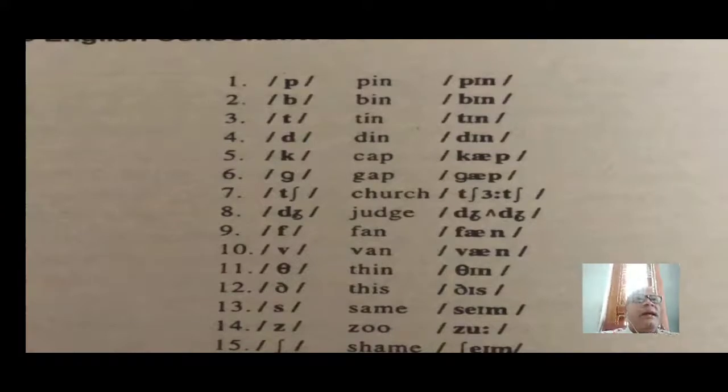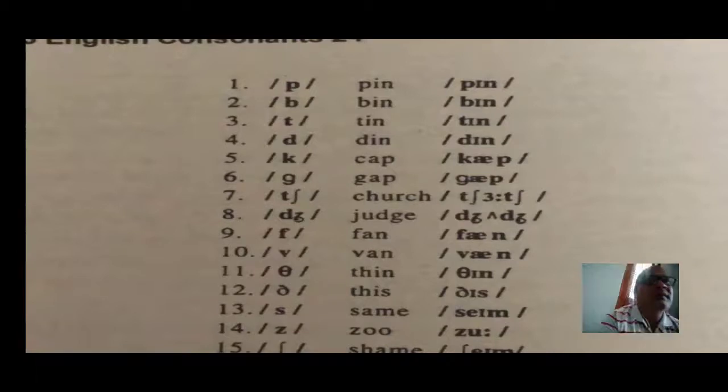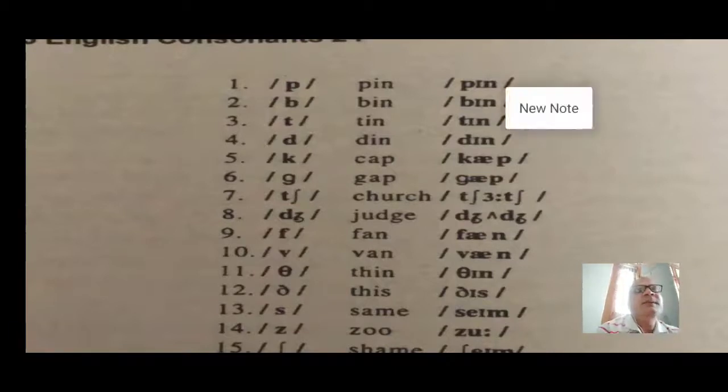There are different types, categories, and names given to the consonants, but apart from that, we need some idea on these. So that's the reason I'm explaining how we can use this.